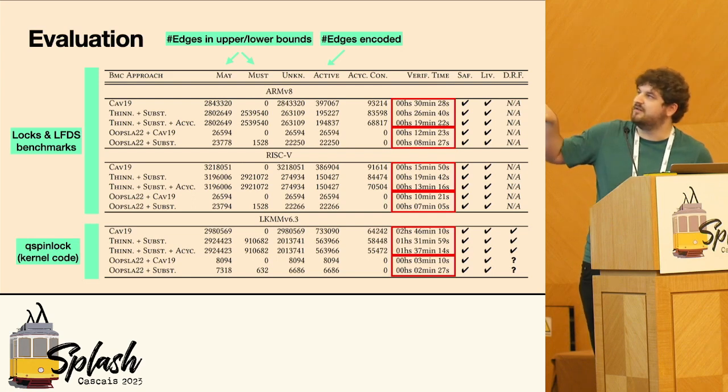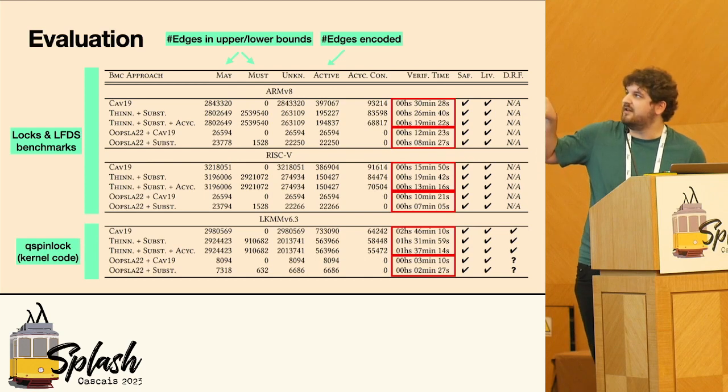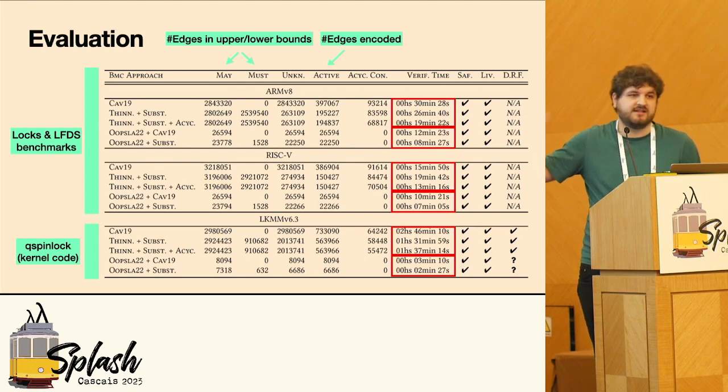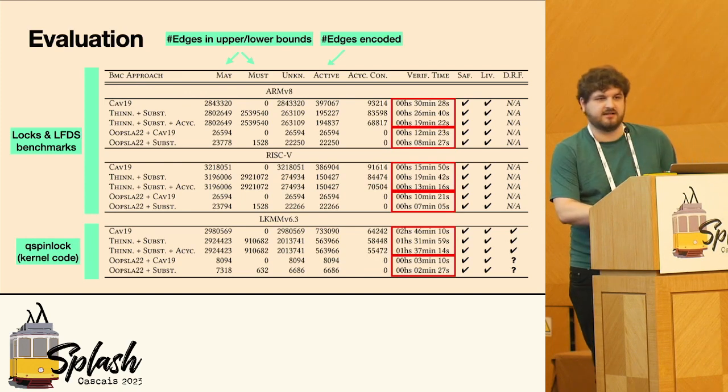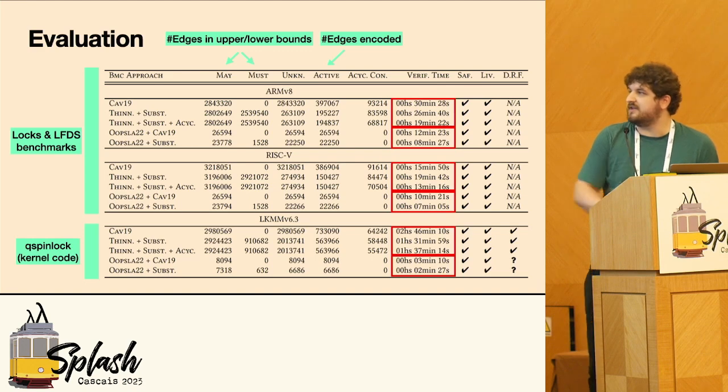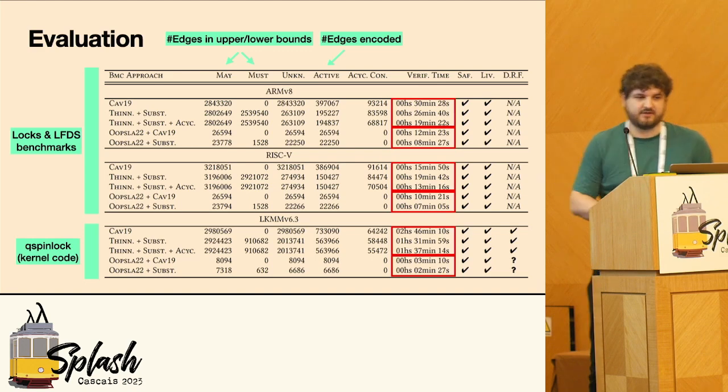So, for example, for ARM, we could verify our test suite in 20 minutes instead of 30 minutes. And in the Linux kernel, we also got an hour faster in the eager encoding. And even the lazy encoding scheme had some profit from the static analysis.